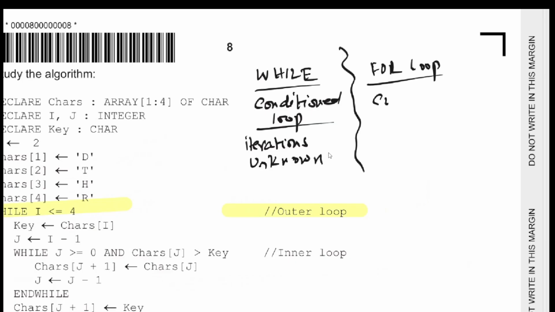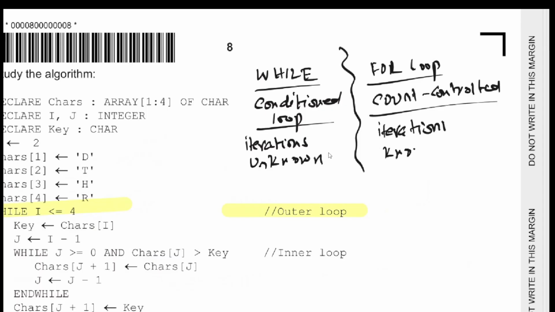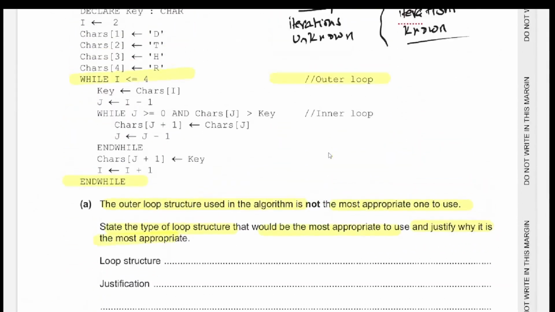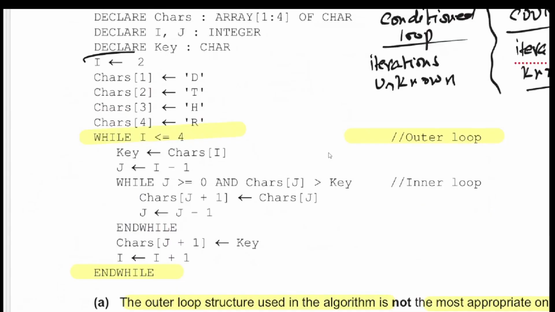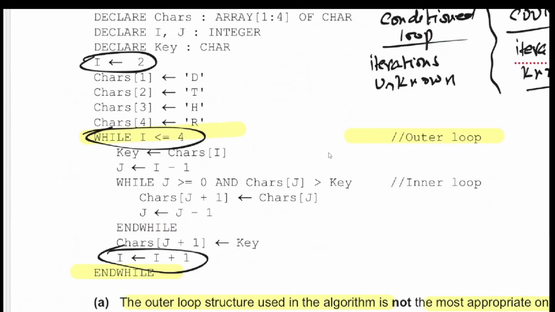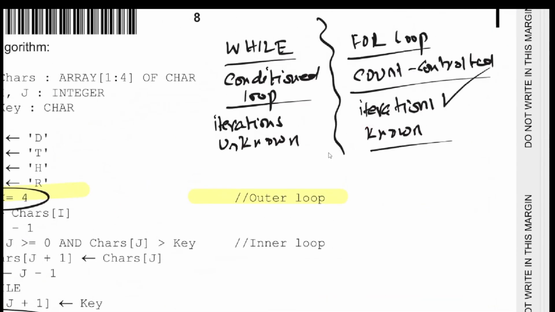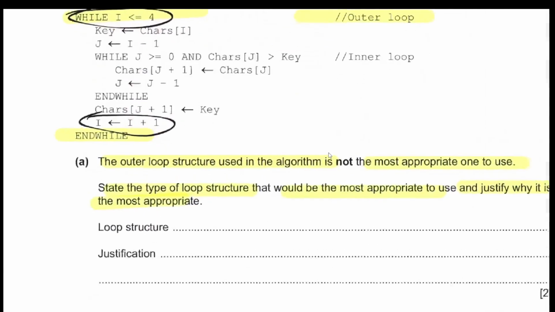For loop is a count controlled loop where the number of iterations is known. So you know how many times the loop is going to repeat. Here you can see the while is I is 2, I is less than 4, I plus plus. So while is just doing the job of this control activity. So this is not an appropriate use of the while.